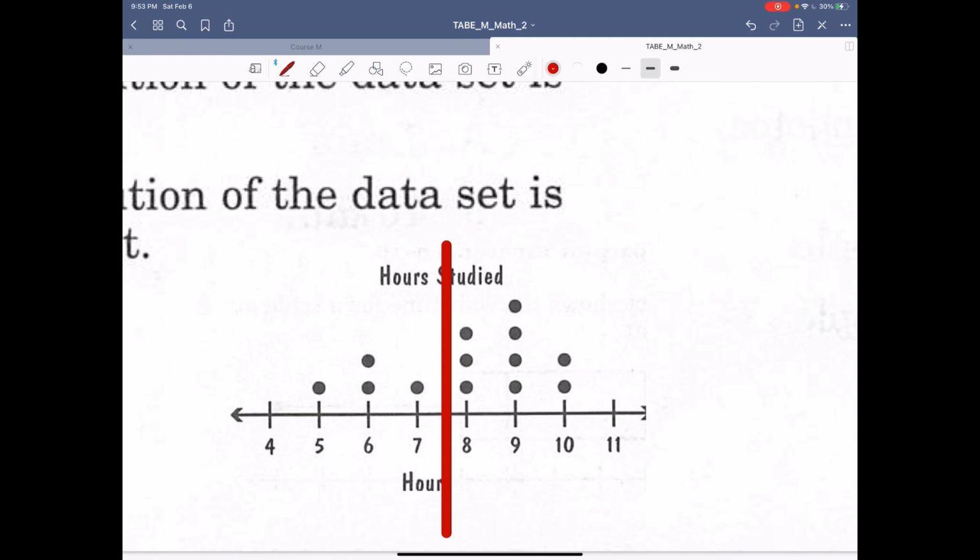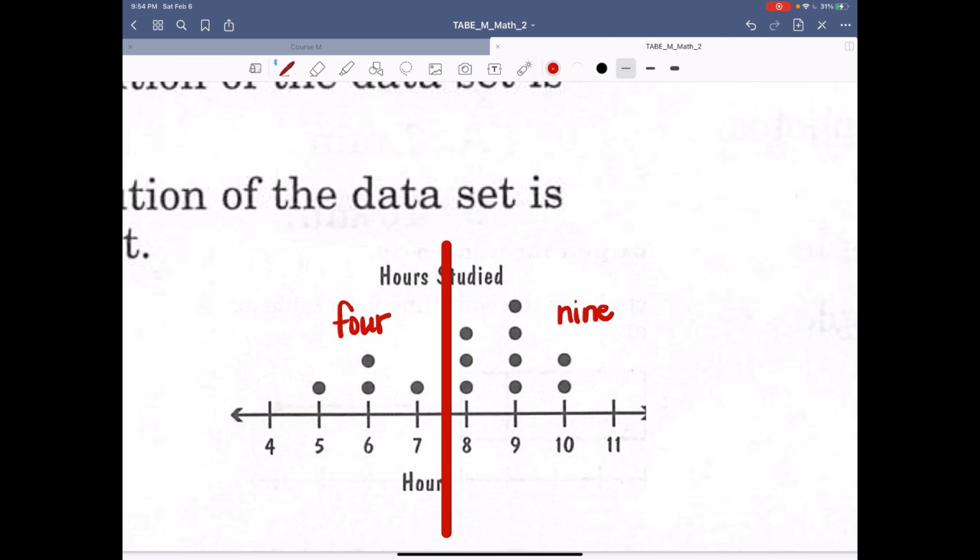And distribution just refers to how the dots are laying out on the graph. Is the plot even on both sides, or is it heavier on one side than the other? So let's count. On this side, it says that 4 students are in this area. On this other side, you count them, and we have 9 dots. We have 9 students. So this is not evenly distributed.